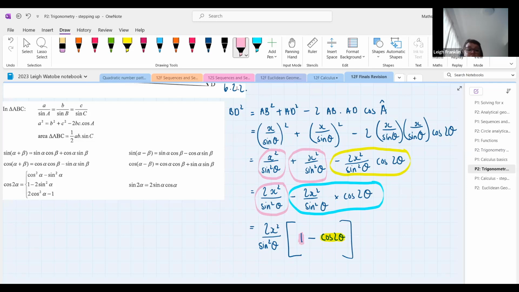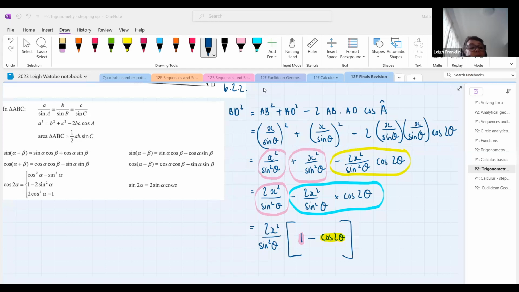What can I use from my formula sheet? If I use 2 cos squared theta minus 1, oh, you got stuck here. But if I use 2 cos squared theta minus 1, is the 1 going to cancel?